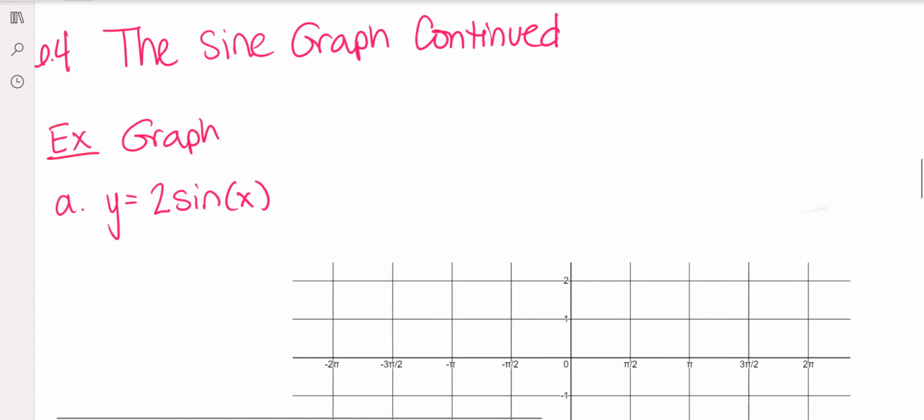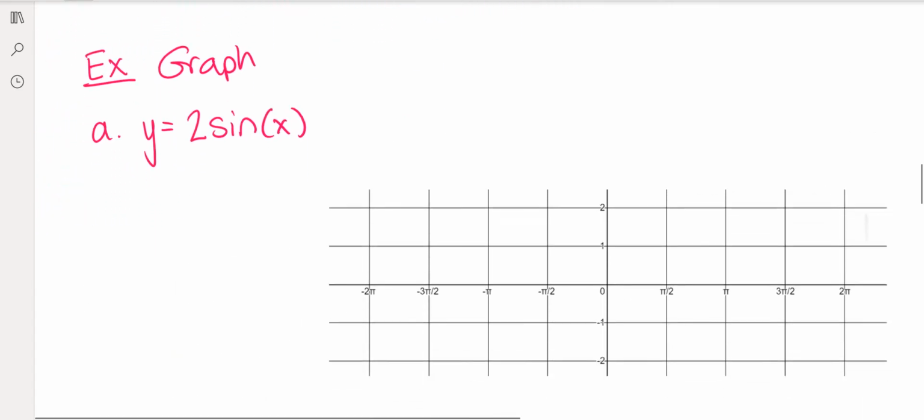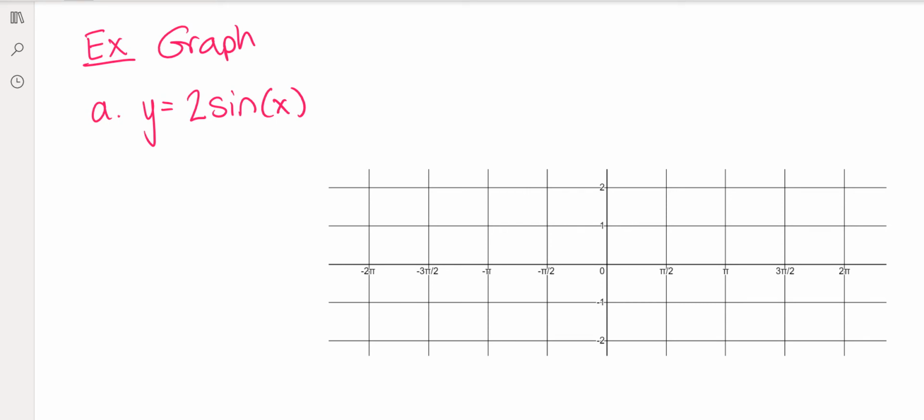All right, here we go. So we're going to graph this first one. And I told you guys yesterday to have your graphs ready. I am not waiting for you other than to write the problem down. You guys were actually told on Friday to have graphs ready. So we're going to graph y equals 2 sine of x. You want to list those 4 things first.